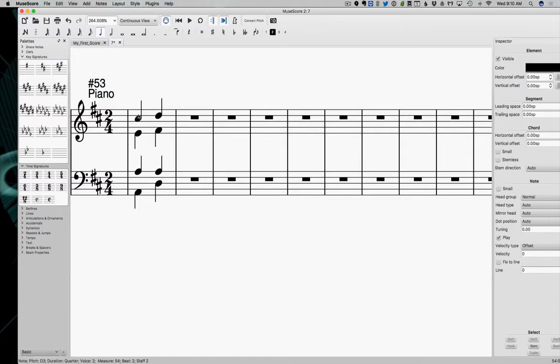Also allowed in a perfect authentic cadence is a 2 to 1, which would be if we had an E in the top here, resolving down to 1. That's a 2 to 1. Now that particular case doesn't work in this case because that gives me 2 E's and 2 A's. I left a note out of that chord.